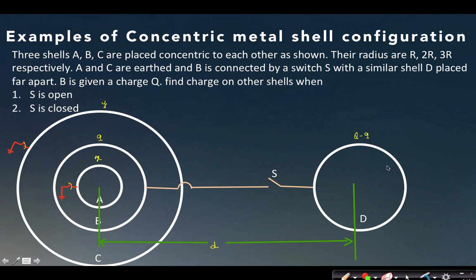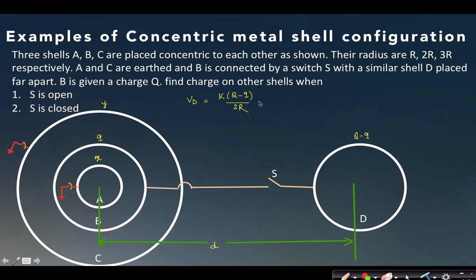Then the shell D will also influence the potential of this shell configuration, and this shell configuration will also influence the potential of the shell D. So let us first find the potential of the shell D. I can find that the potential of the shell D in that case will be K into Q minus q divided by 2R, and due to this outer shell, the total charge on the outer surface will be q plus y plus x.